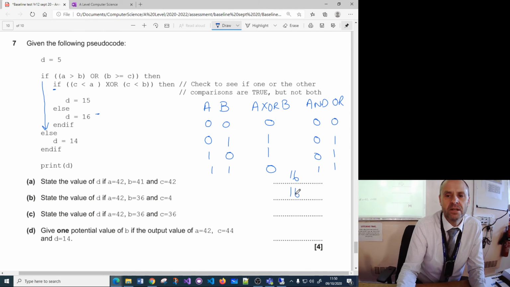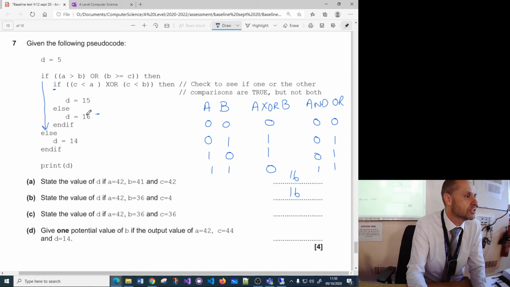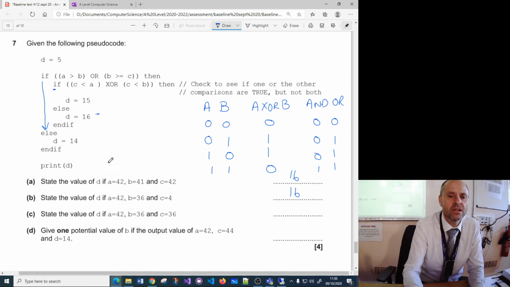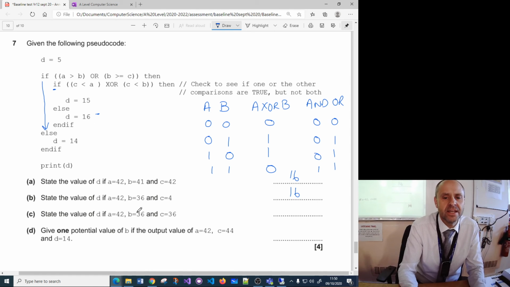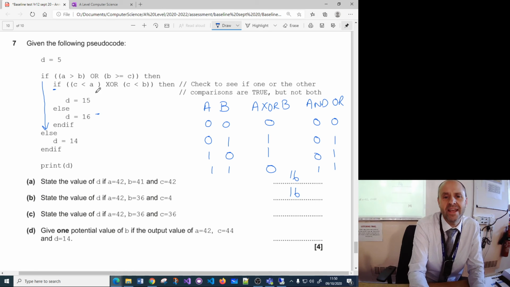There is nothing to stop you, ladies and gents, annotating your way through this, putting little markers next to it so you know where you're looking. Right, the next one then. A is 42 this time. So is A greater than B? So in this case it is, again, so now we're in here again.